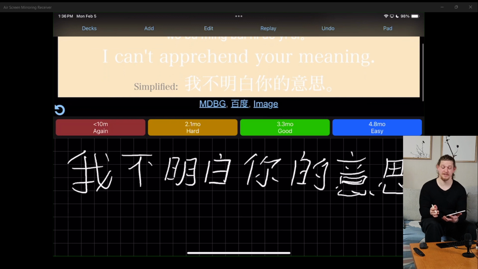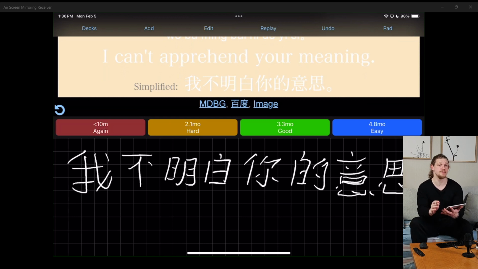I was actually a little bit worried about that for 明白 and 意思. I wasn't entirely sure that I'd get those two correct. You can see the scale of my characters isn't quite right. My handwriting's not fantastic. I do it mostly to memorize the characters and to understand the language a little bit better.